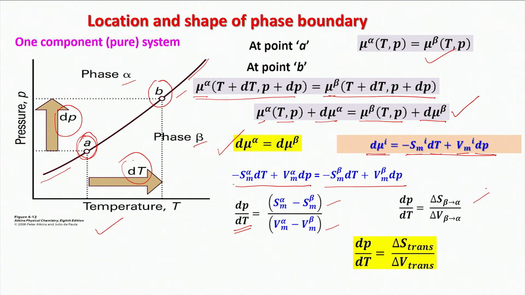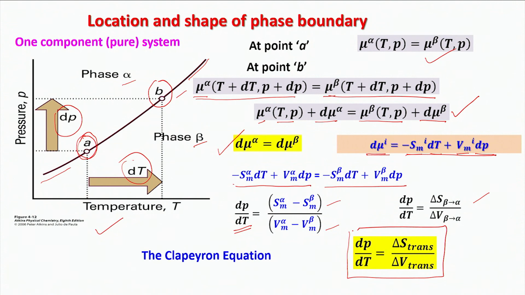Now, this basically tells me that if there is a change in the equilibrium pressure and temperature by amounts dT and dP, then dP/dT would be related to the change in entropy of the transition and also the change in volume during the transition.